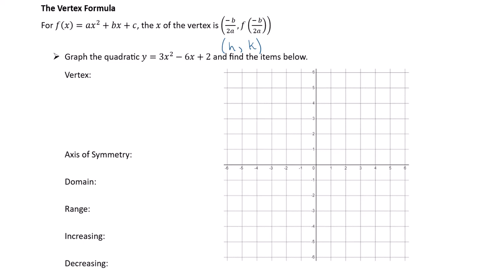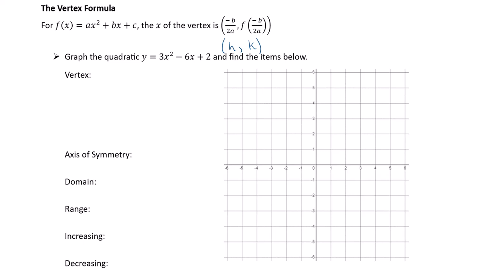In other words, we'll find negative b over 2a, and then we plug that into the function to see what k goes with that h. So let's go ahead and graph this and find the items below, not necessarily in that order.